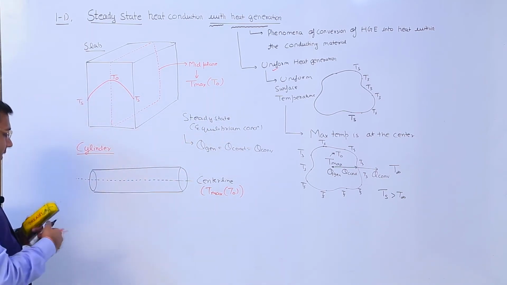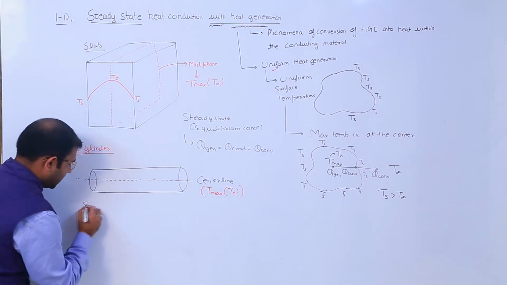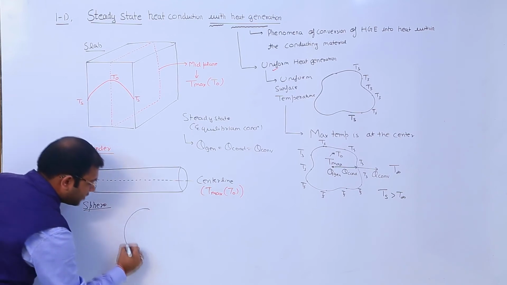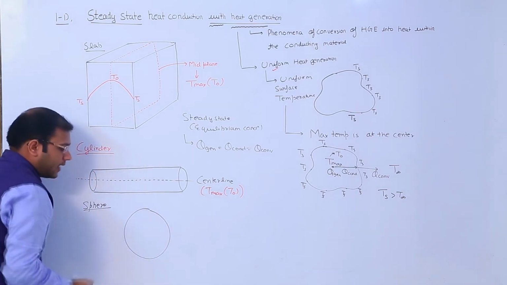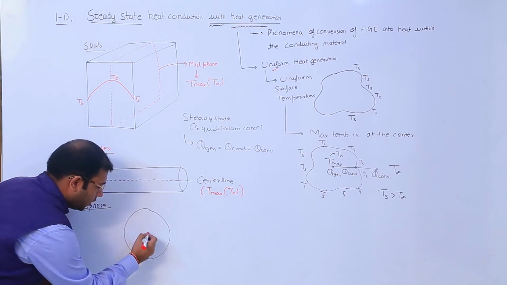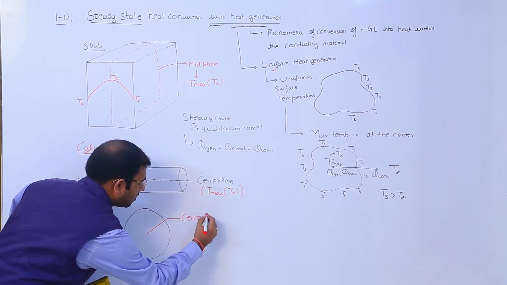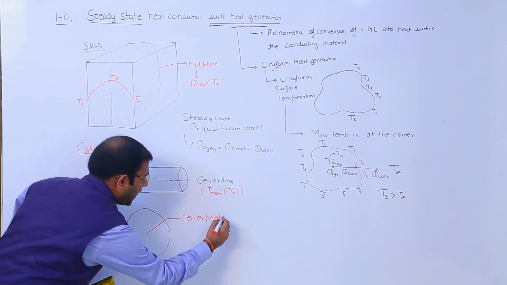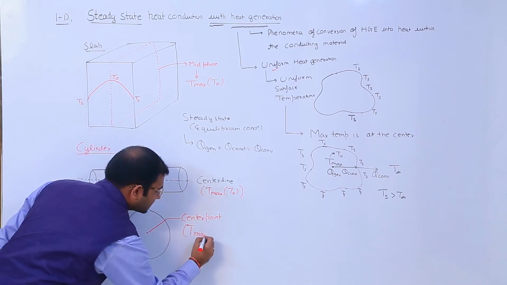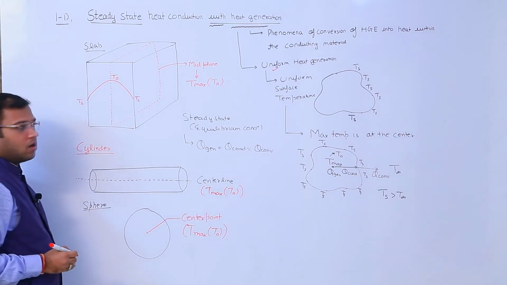Fine. And in case of sphere, this is our sphere, and the center point will be this one. So here we obtain a center point, and at this center point we obtain maximum temperature represented by T naught.